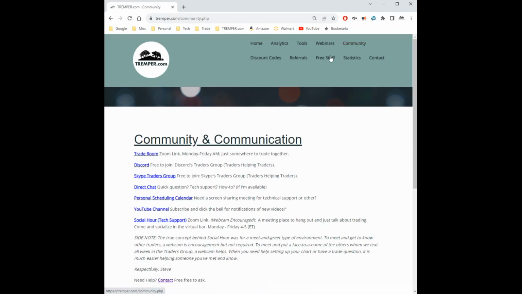And more importantly, if you want to hang out and keep abreast of what's going on, just click on the trade room during these times. It'll pop you right in there. It's just a Zoom. It's a little quieter in there when it's busy. We unmute ourselves and can talk if you have questions. I could do a little technical support in there if you're having some issues. But if it's a busy market, we're kind of concentrating.